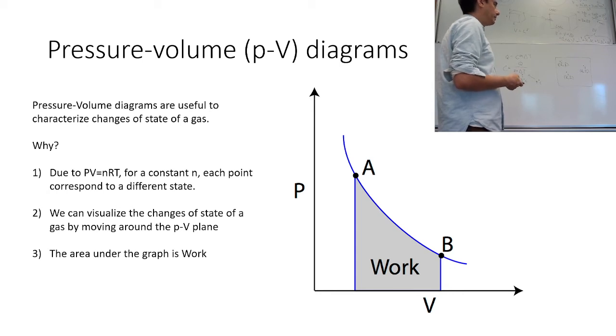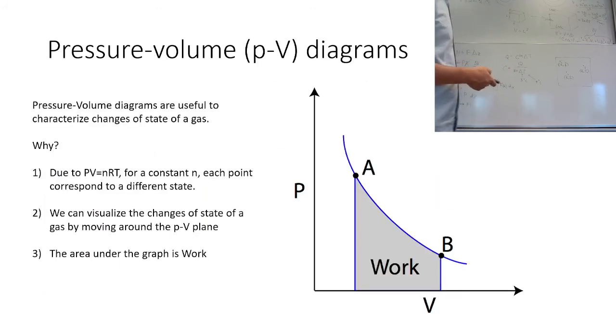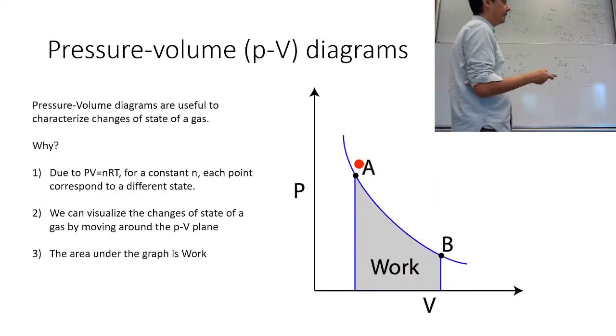So, for example, in this previous example, we're starting off with some pressure, P, and some small volume. Later on, it expands to some larger volume, and then this new pressure, P dash. So that process would be described, say, with the initial point here, and then the final point might be down here.